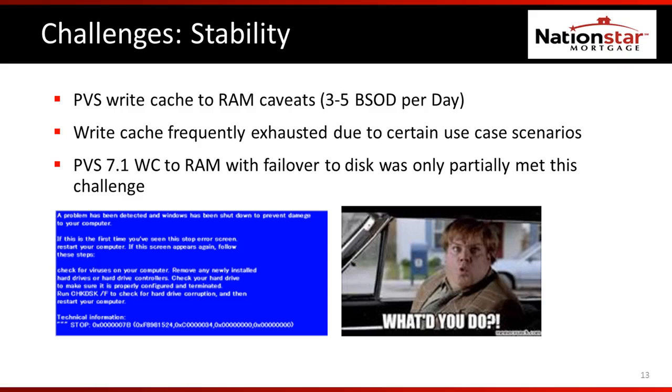And it may not seem to be a lot when you consider the fact that there's 8,000 users and you have close to 400 to 500 XenApp servers. But with the user saturation around 20 users per VM, that could affect, and was affecting, upwards of 100 users per day. Their session would completely close out.